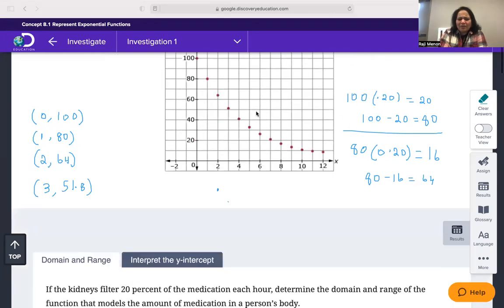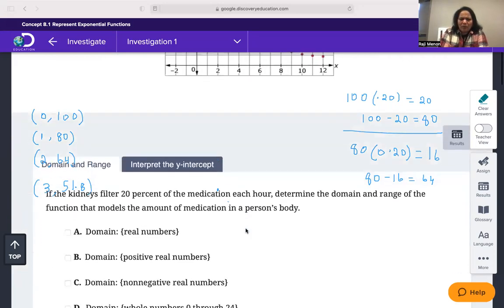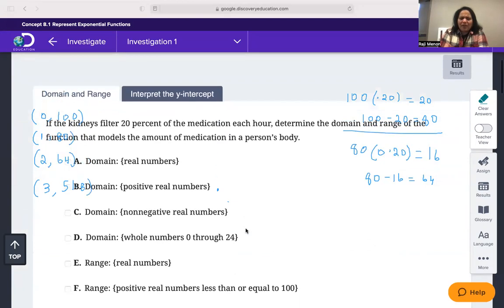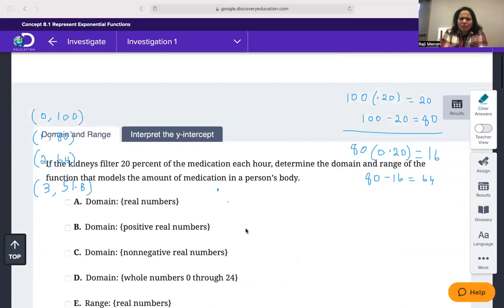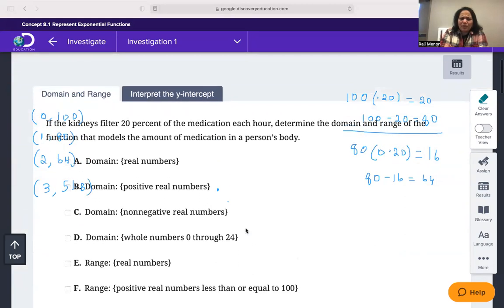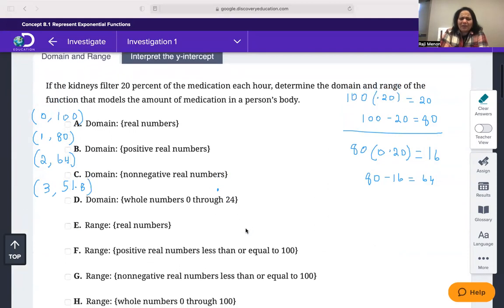Demonstration: domain and range. Going back to your domain. Domain means the x values. Range means the y values. What is the domain and range for this function? The options are: real numbers, positive real numbers, non-negative real numbers, whole numbers 0 through 24.